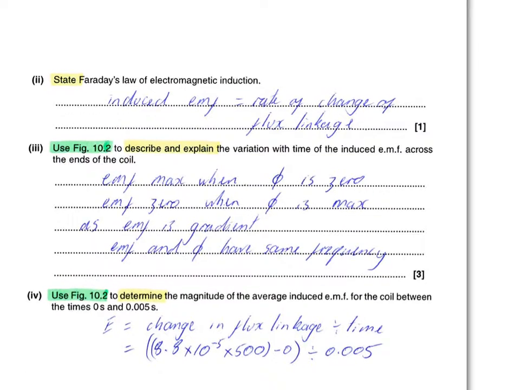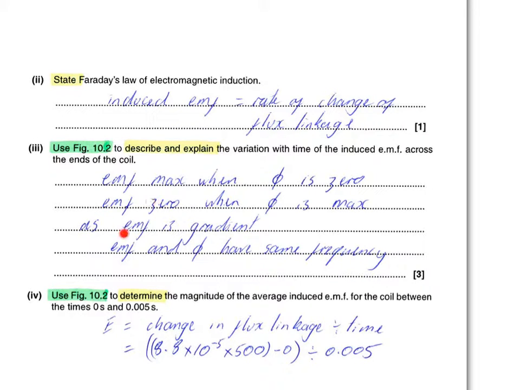So we're now asked to state Faraday's law of electromagnetic induction, that the induced EMF is the rate of change of flux linkage. Now I've got to use that previous diagram to describe and explain the variation in time with the induced EMF across the coil. The explain bit is really very straightforward.